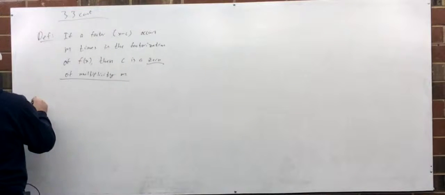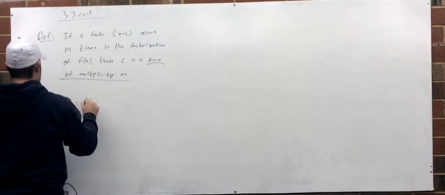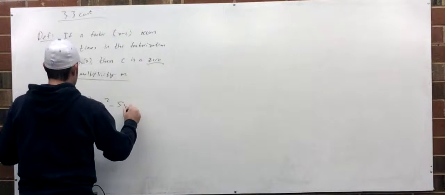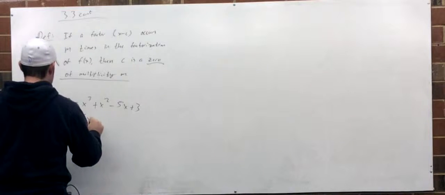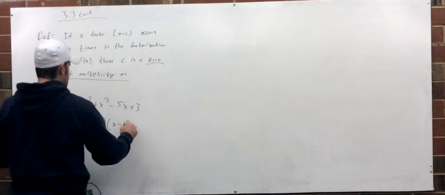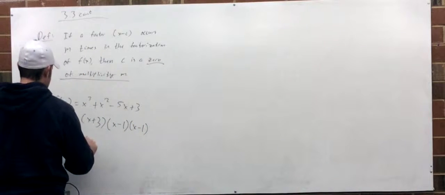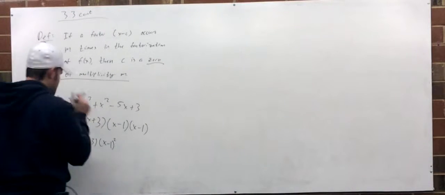Alright, so a quick example of that is this. Let's say f of x equals x cubed plus x squared minus 5x plus 3. Well, this factors into x plus 3 times x minus 1 times x minus 1, which is obviously the same thing as x plus 3 times x minus 1 squared.